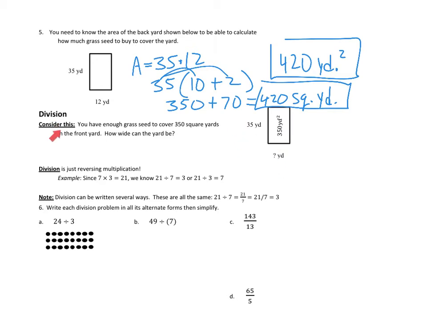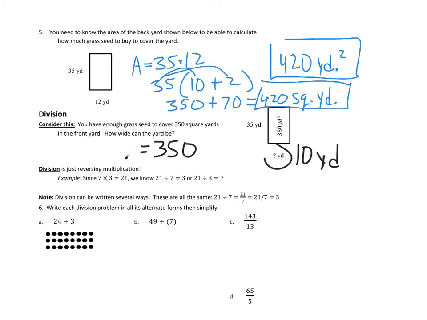We're just asking, what can we multiply 35 by to get 350? So we think about 35 times what equals 350? Well, that question mark is going to be 10, right? Because it's easy to see that 35 times 10 is 350.